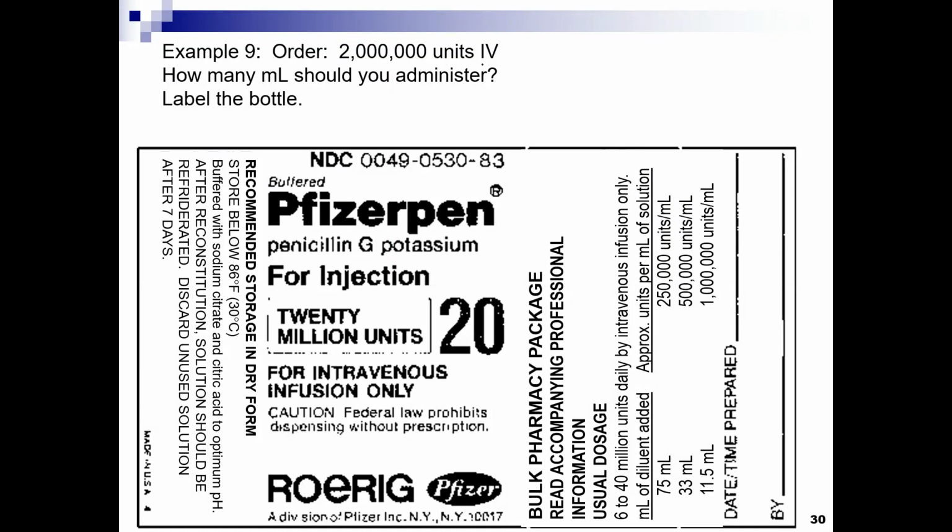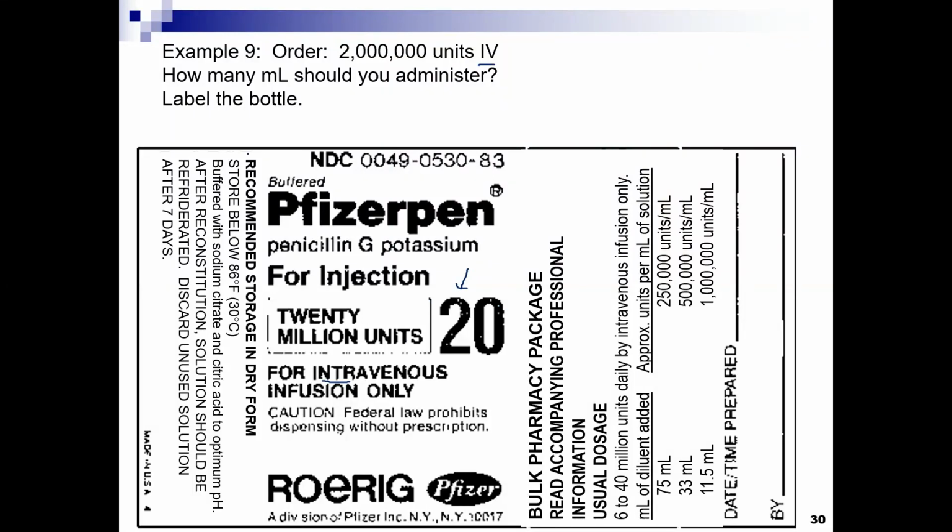Second thing, we see our order here is as an IV, and we see that this med is for an IV. So that matches up. I realize that I can't do any math yet because this 20 million units is not a fraction. So even though it tells me there's plenty in the container, I don't know how much to withdraw.